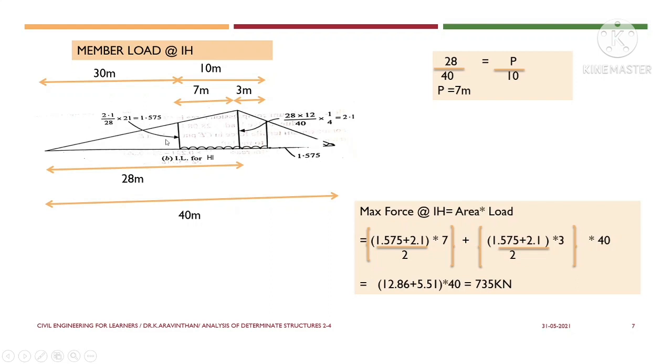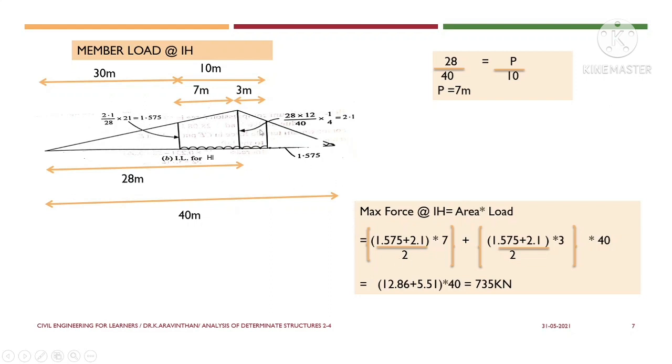After getting these three ordinates, you can see a trapezoid here, trapezoid 1, and this is trapezoid 2. In order to find the area, take this as ordinate A and this as ordinate B. The formula is (A plus B) divided by 2, so you add these two ordinates, into L. This is the distance, so the distance is known as L. Let us apply this formula. A is 1.575 and B is 2.1, divided by 2, into L which is 7.